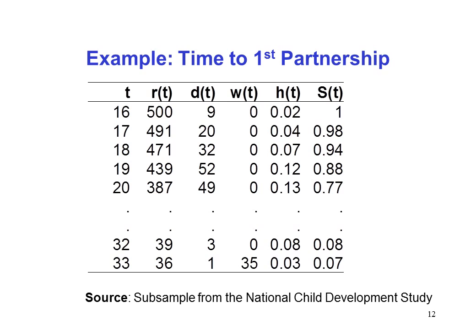And then if you go through time, here we've got the number who entered their first partnership. So at age 16, 9 of them entered their first partnership. All right? And then of those who remained unpartnered at age 16, 20 of them partnered at age 17.